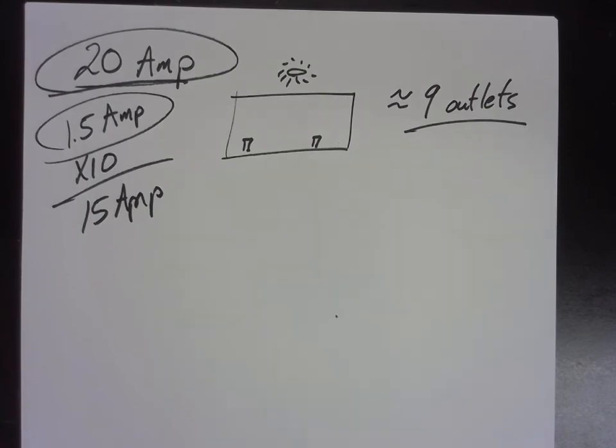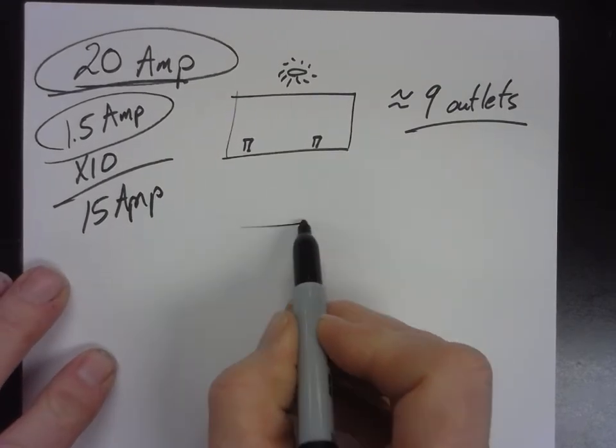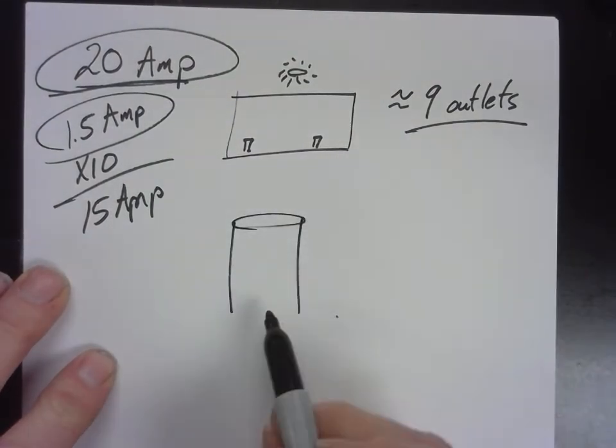Now, could I plug stuff in and go over that? Yeah, like if you plug in some of those space heaters, some of those use a lot of amps, a lot more than 1.5. So if you plugged in a bunch of those and then something else, it might kick the breaker off. I know we were in a shed working and we had a honey spinner.